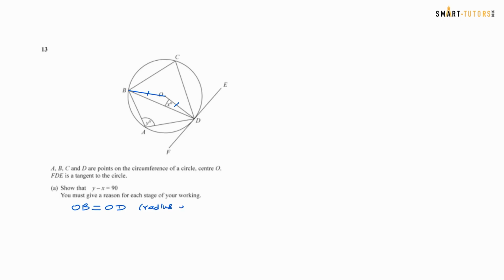That's the radius of the circle. If those radii are equal, this angle equals this angle. So I get this x. Therefore you can use the three dots: OBD equals ODB equals x.